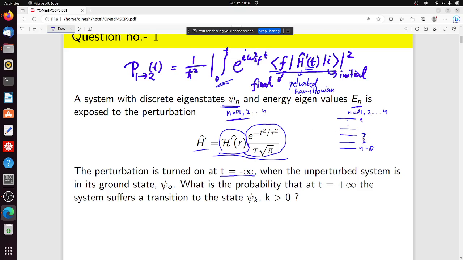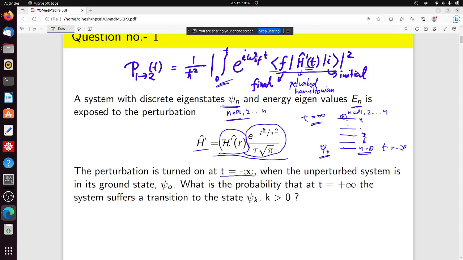At time equal to minus infinity the particle was in ground state psi 0, and we have to calculate the transition probability that this particle can be found at this kth state at time t equal to infinity.